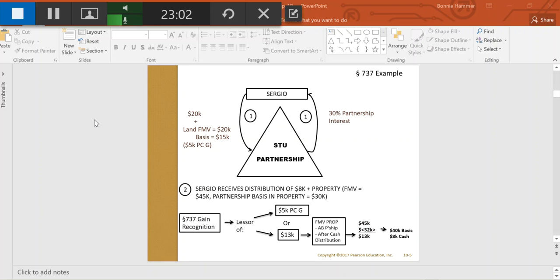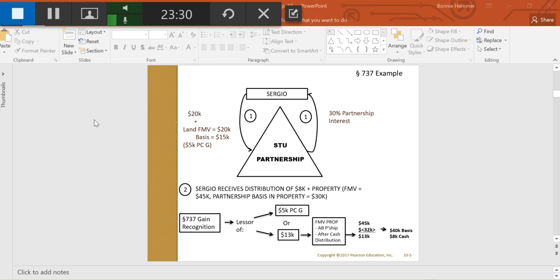In more complicated situations, you may have some of the PC gain or loss still there and some of it was gone. So the lesser of the unrecognized PC gain or loss or the excess of the fair market value of the property over the adjusted basis of the partner's interest in the partnership.